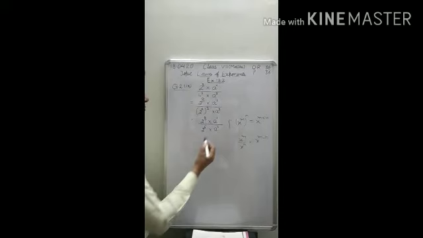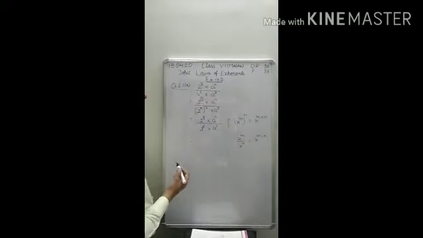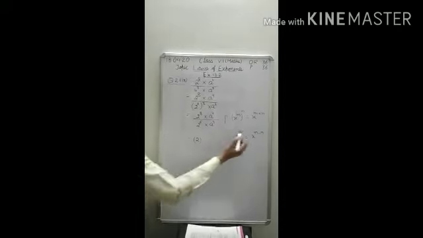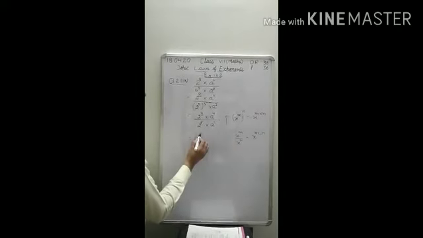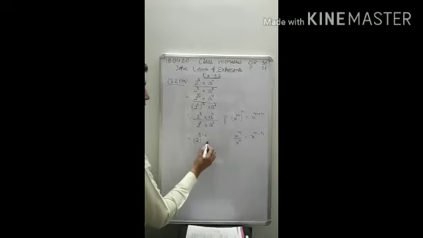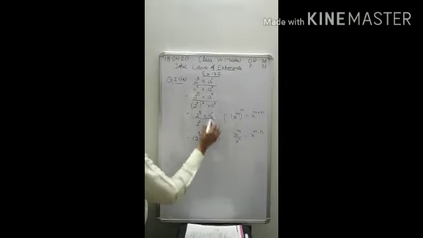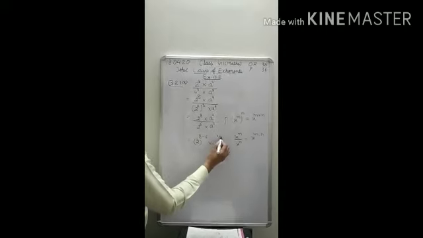So you write it as 2 raised to the power m minus n, meaning 8 minus 6, into a raised to the power 4 minus 3.